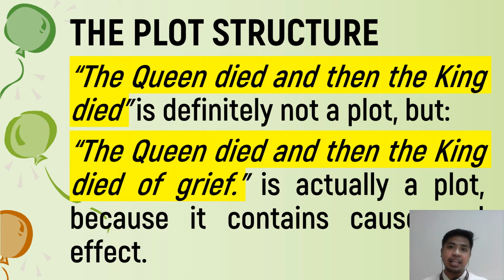That's why he died. So there is an element of cause and effect in the sentence. So that can be considered a plot, or that can be considered a structure of your plot that could be based from the sentence.